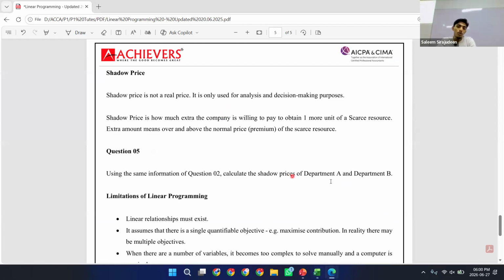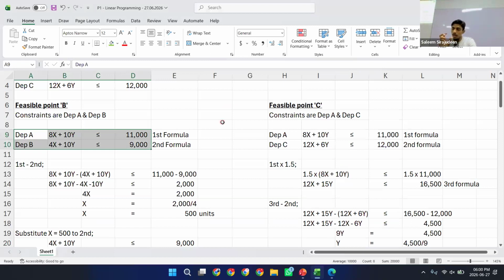So here we have to find the shadow price for Department A and Department B. Shadow price means, in order to get one extra unit of your scarce resource, how much extra you have to pay. So how to calculate? Using the contribution.